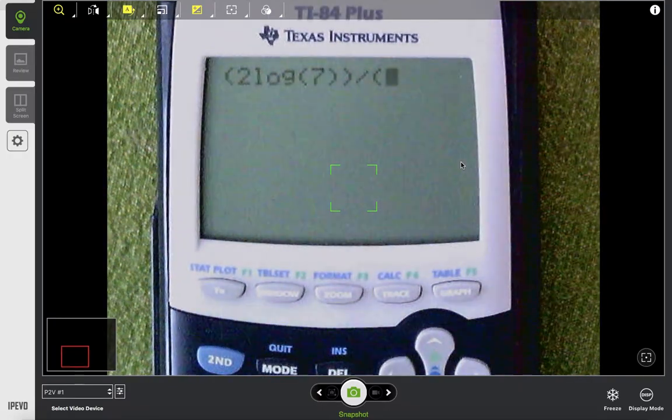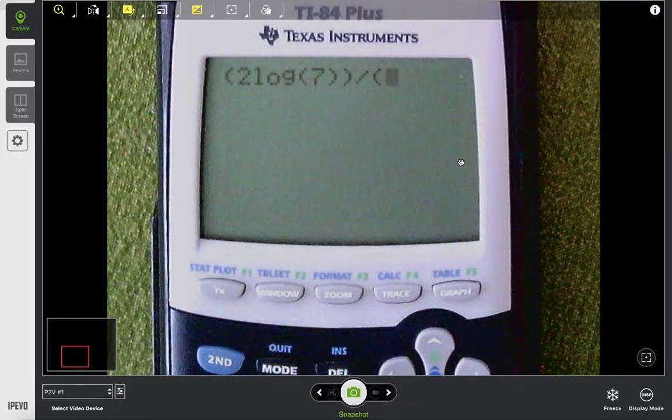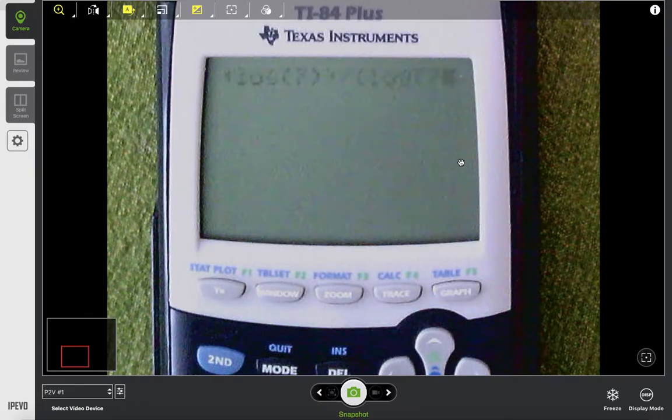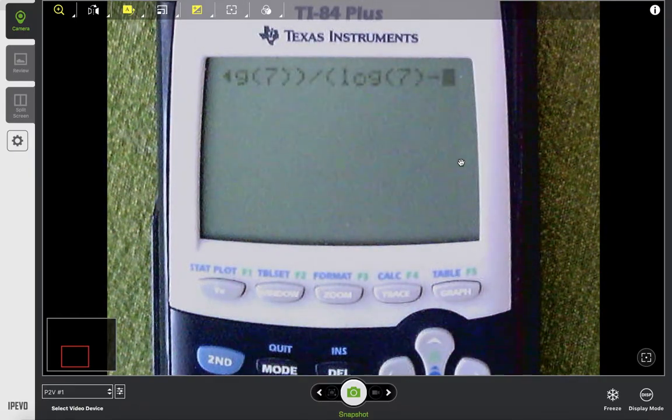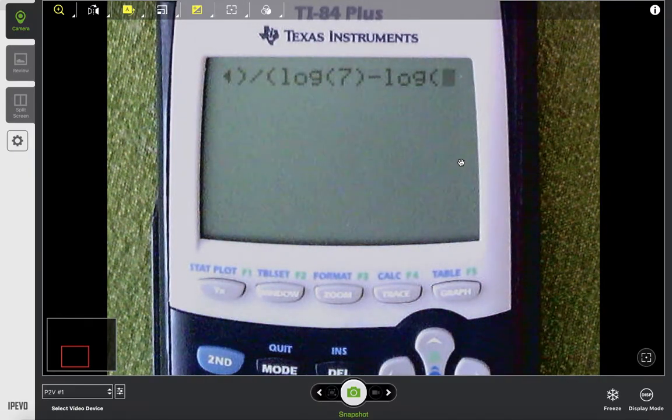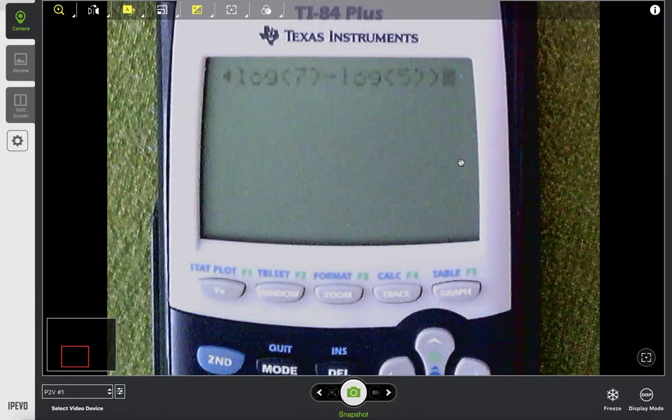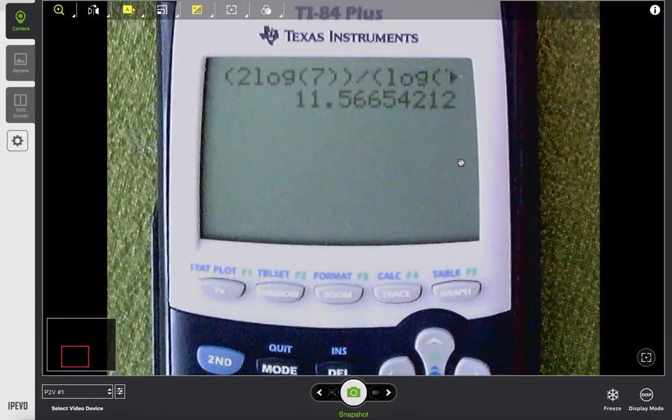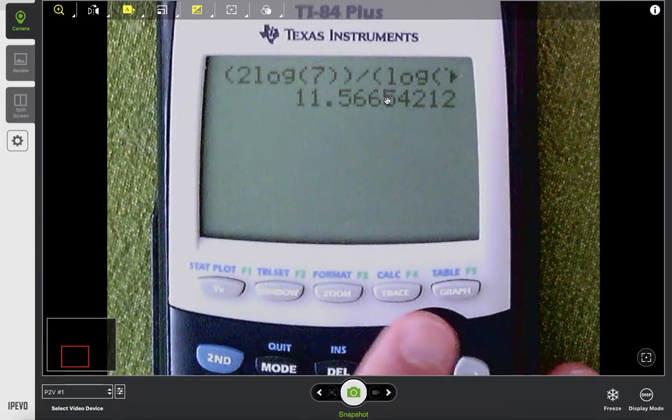Cool. And I want to divide that by the logarithm of 7 minus the logarithm of 10, or excuse me, of 5. And I'm being diligent about my parentheses, and here's that answer I showed you on the paper of 11.5665.